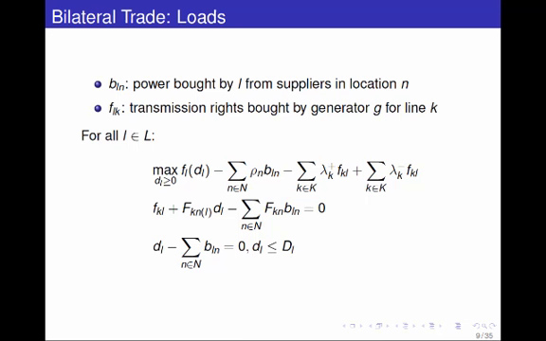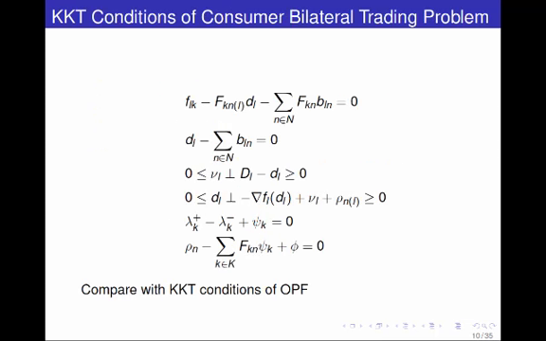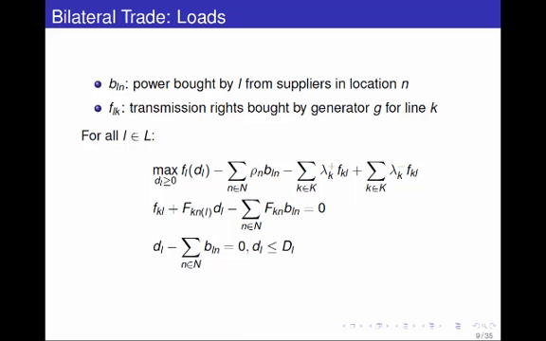So this is the load problem. These are the load KKT conditions. Here I've already done the tricks that I did earlier with the generator problems. I dropped the L index. The psi is the dual multiplier of this constraint here, which has one different index for each L and each K. I immediately dropped it off, applying the same logic.